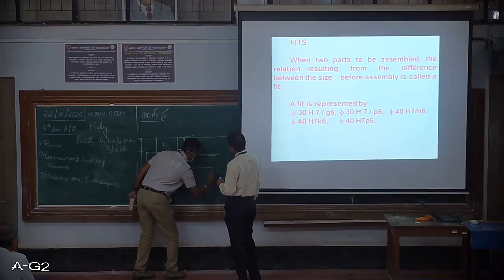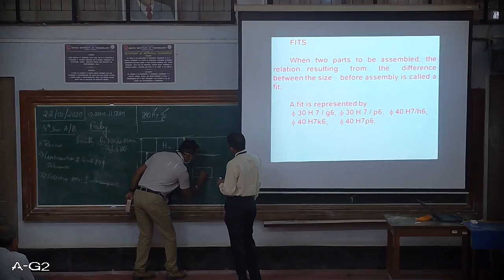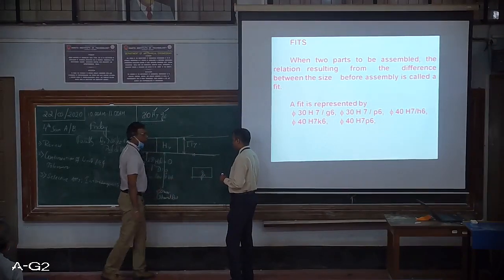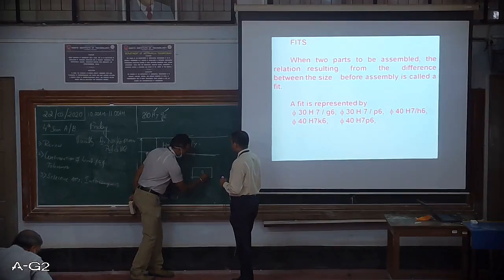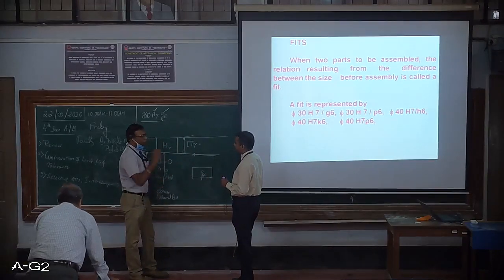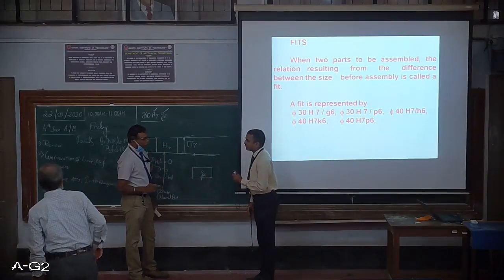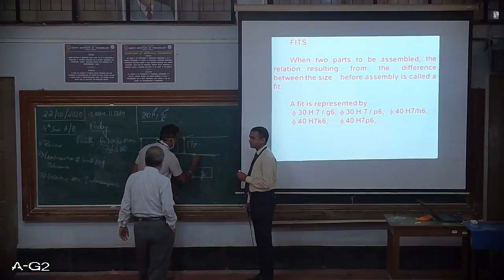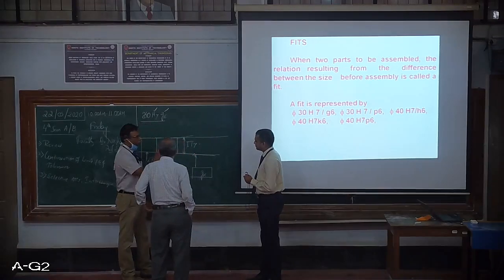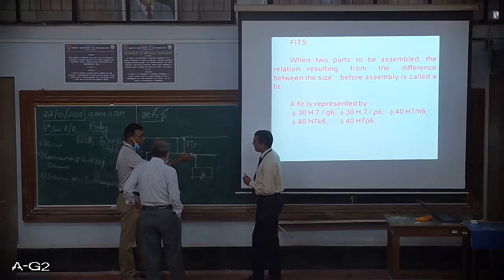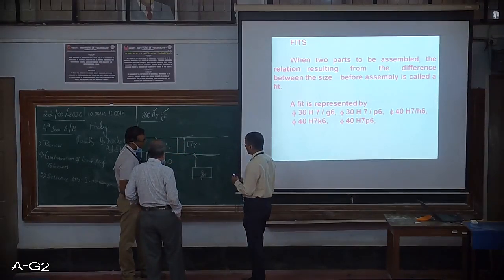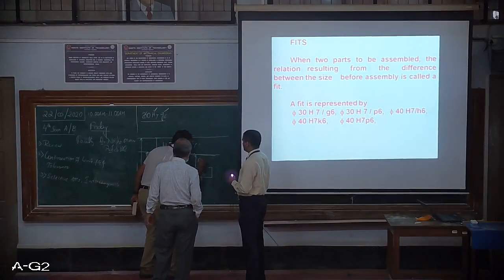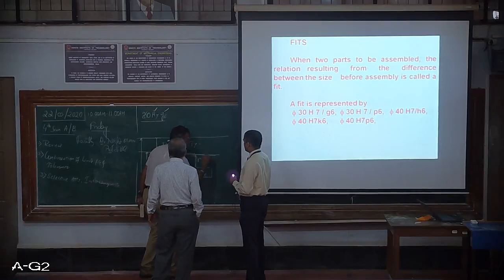So let us call this G shaft with IT grade of 6. What does G shaft mean? It means that it is below the normal line, the zero line. So we need to find out how much this fundamental deviation is. Fundamental deviation for G shaft is already designated. We can get it from the standard table based on the diameter. Okay, so fundamental deviation we will write.